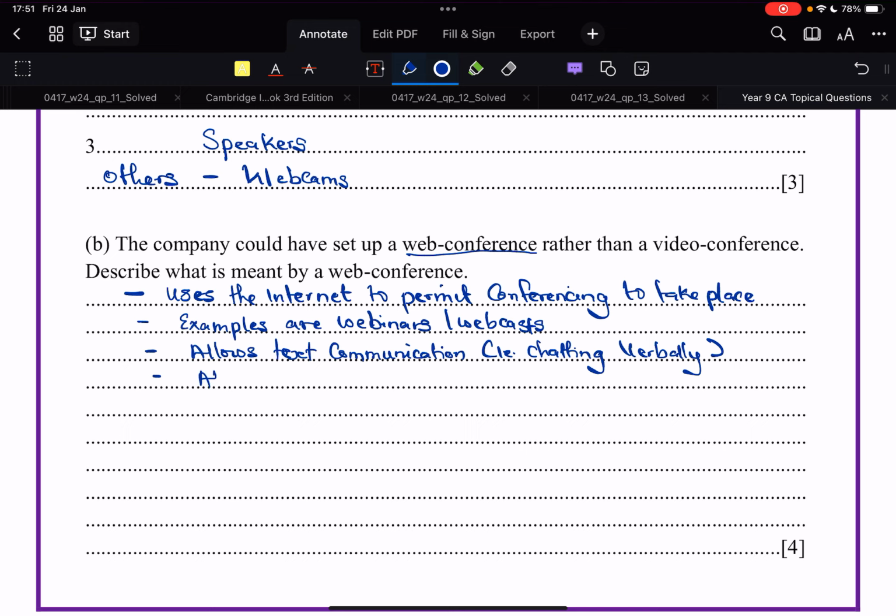It allows voice communication. For others, I think I can add other here. It allows video communication.